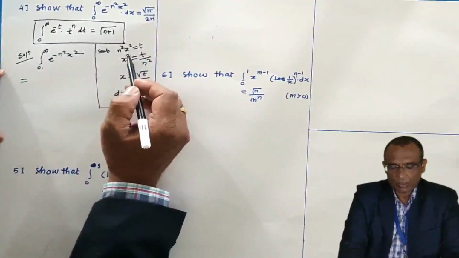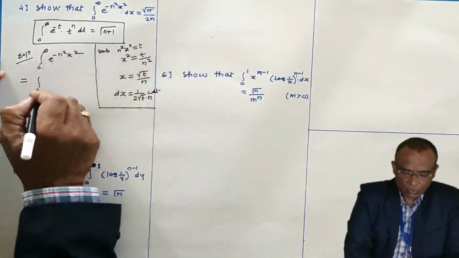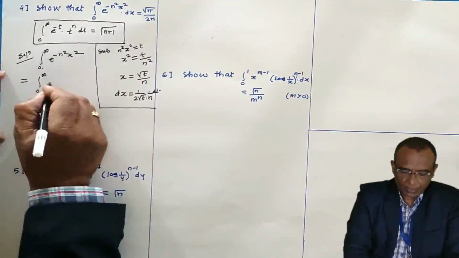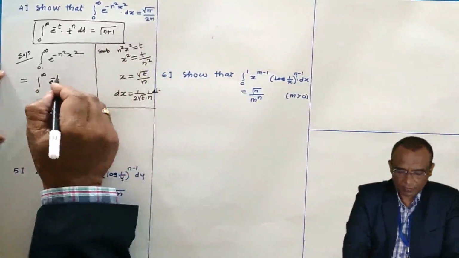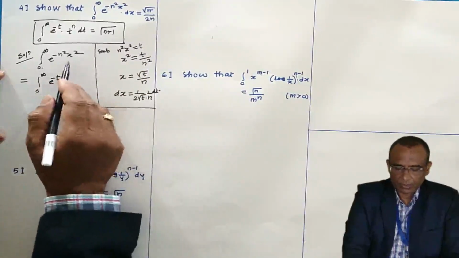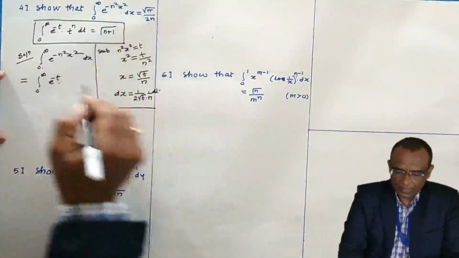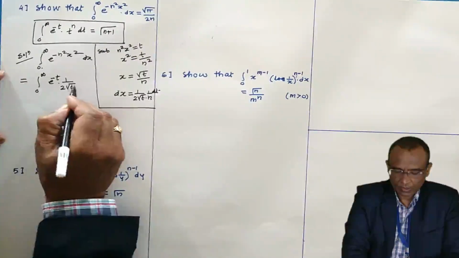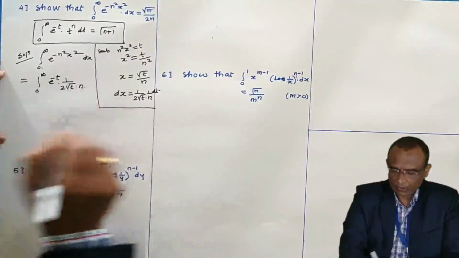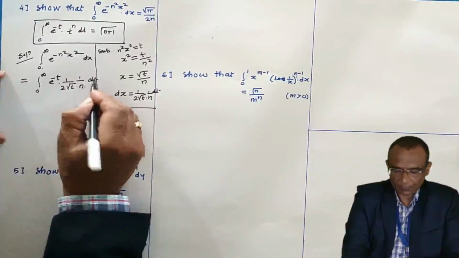Therefore, I am not explaining every time about the limits. 0 to infinity e power minus n square x square is t. Then the value of dx is 1 by 2 root t multiplied by n in the denominator, and dt.